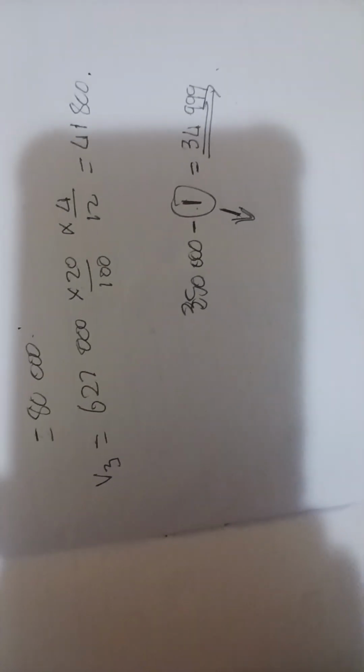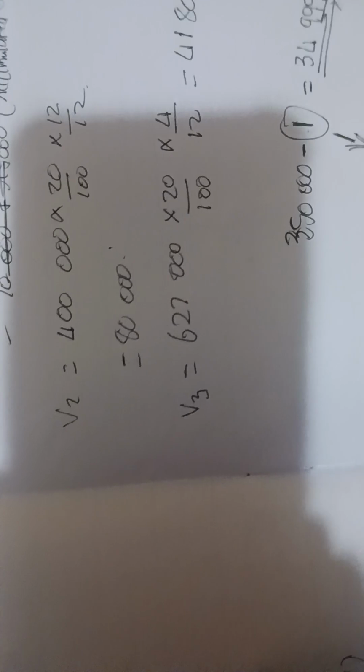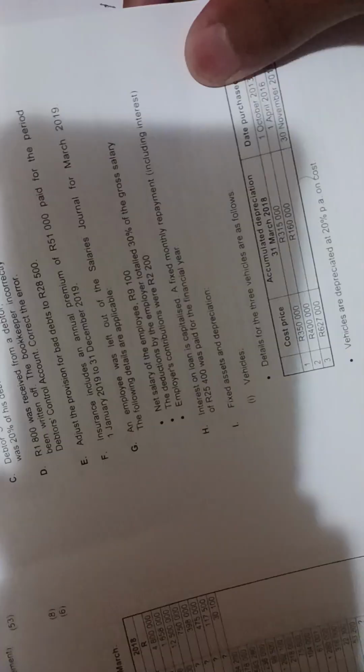All right, so let's move on to the next piece of information. So we are on this side. It says interest income is the missing figure in the income statement.